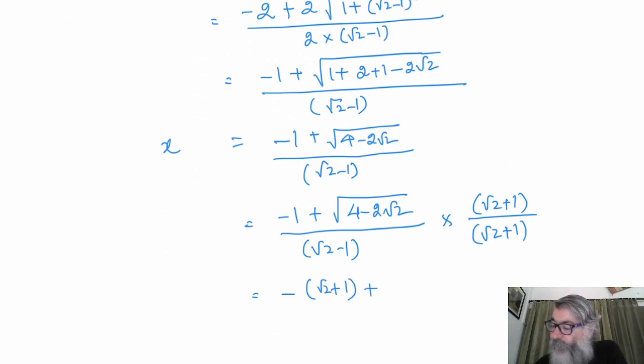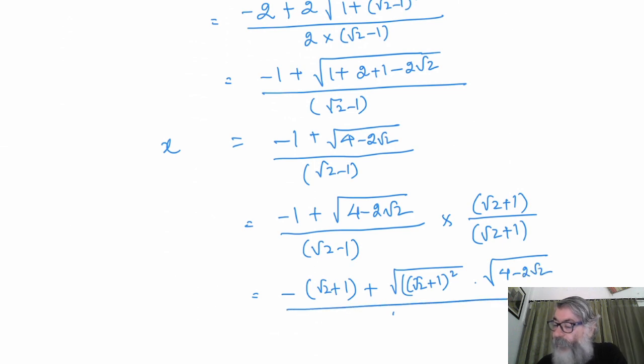And plus here, what I write is root of (root 2 plus 1) whole square, under root. What is the purpose? I'll just show you. 4 minus 2 root 2. And this will become 1. A minus b, a plus b, it will become a square minus b square, so it will become 1. And it has become whole square because I have put it under root.